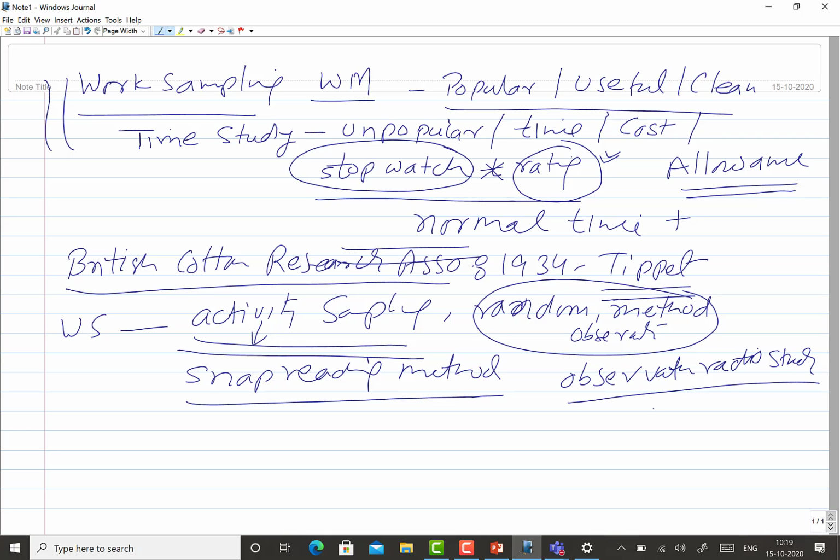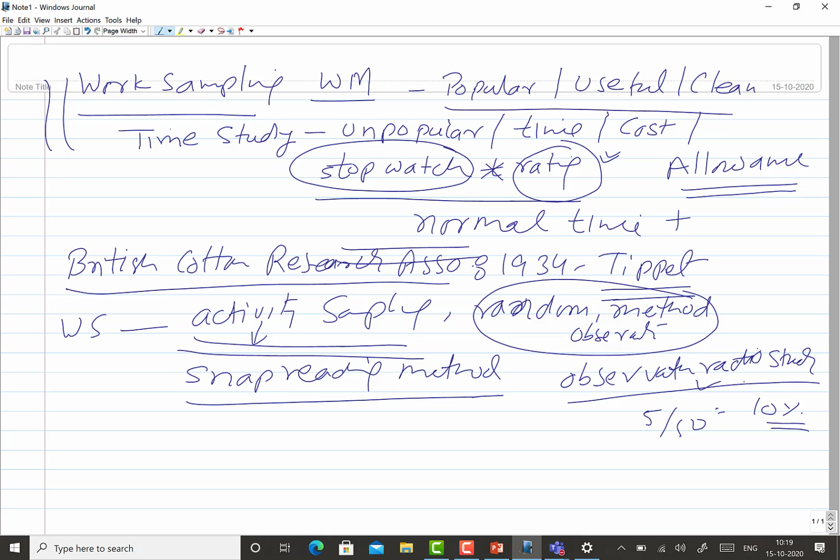Say 5 times out of 50 observations, it is observed that the job is not being done. So the percentage idle time is like 5 by 50, so you may say 10% of the time the job is not being done or the worker is idle. So that's why it is also called observation ratio study. Okay, so these are the different names by which it is known.